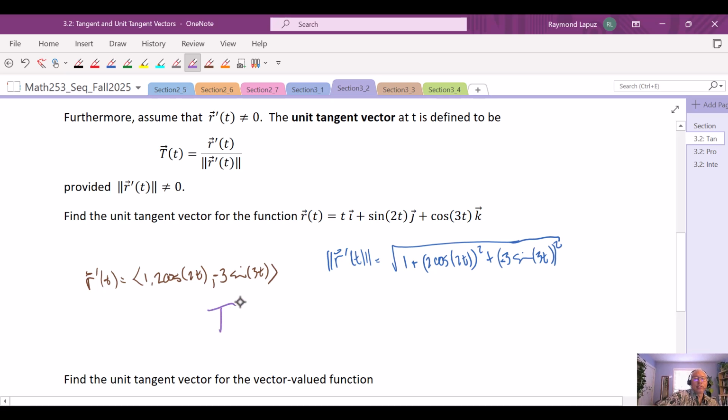So our unit tangent vector, capital T of t, with vector notation, is going to be just 1 over the square root of 1 plus, I'll just call it 4 cosine squared 2t plus 9 sine squared 3t.